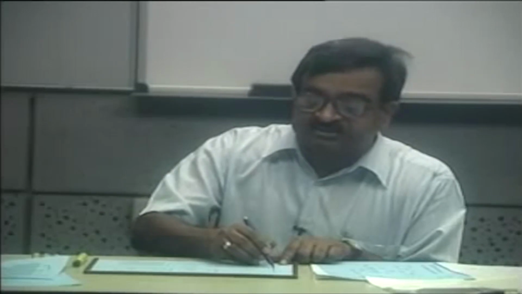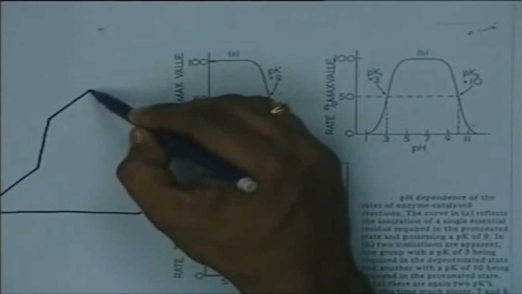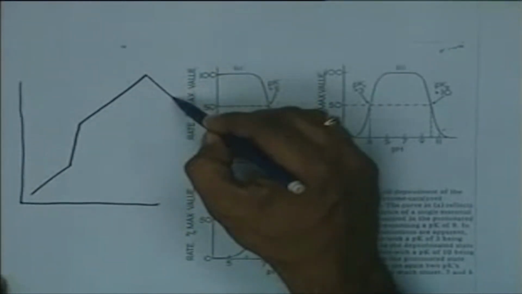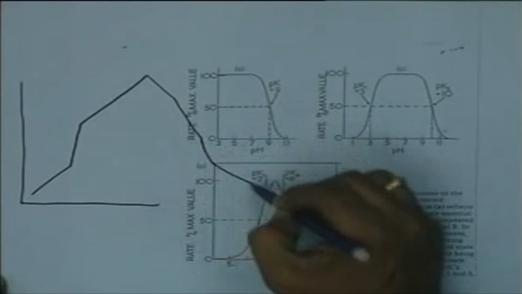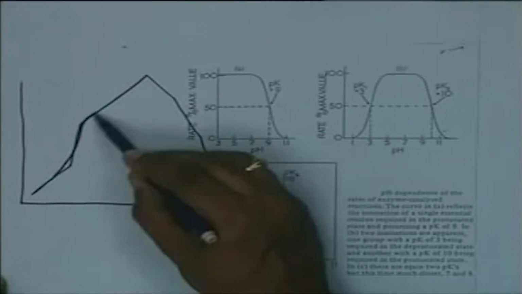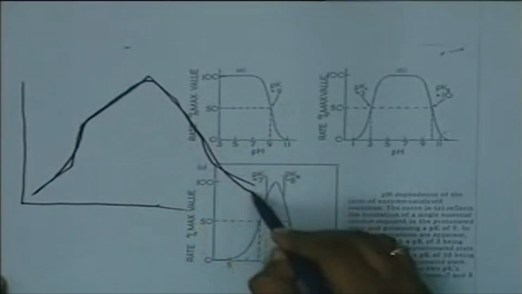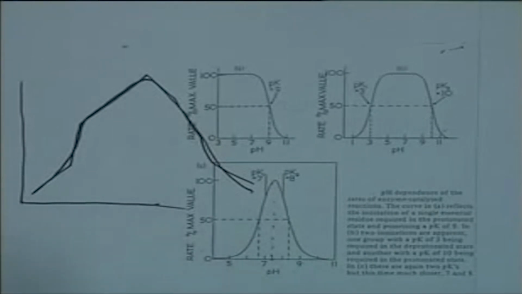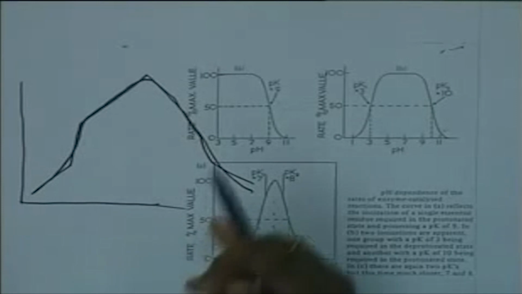These are, again, comparatively simplistic situations. As a matter of practice, in many enzymes for practical applications, you might end up with a profile something like this, which consists of the ionization of not 1 or 2 amino acid residues, but more than 2, maybe 5, maybe 6, maybe 7.